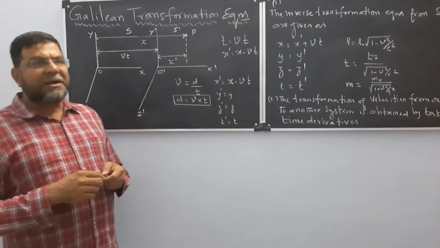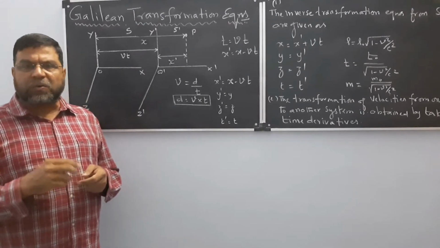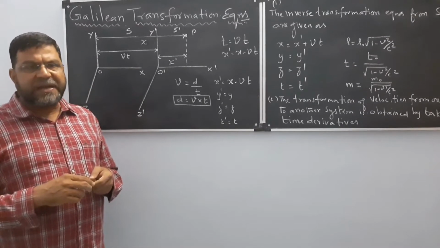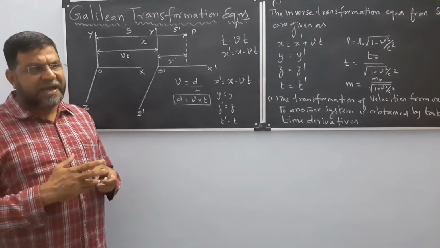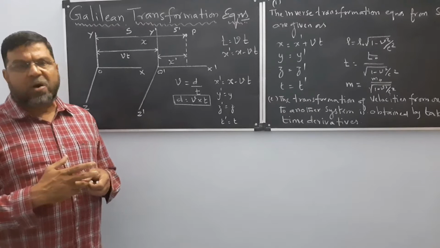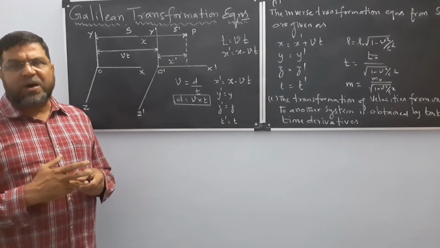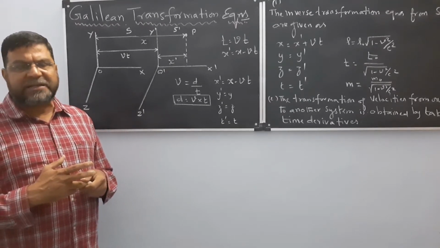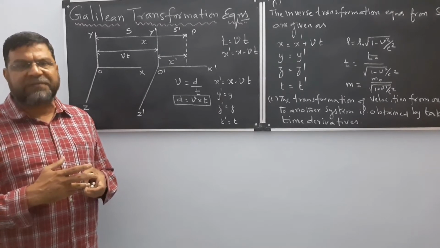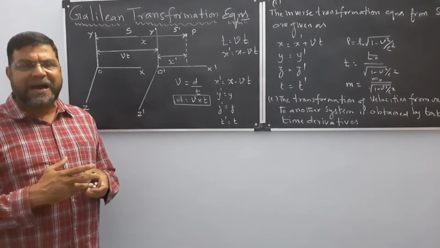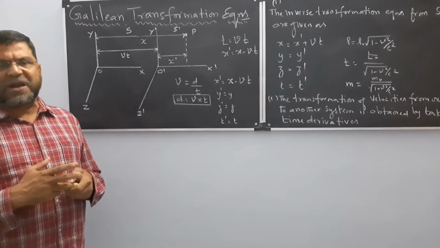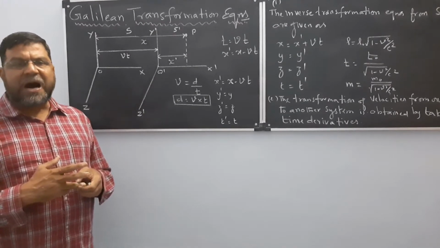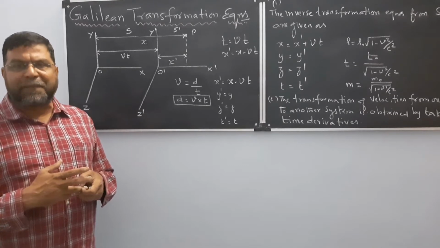I told you in coordinates there are two types of coordinates. Linear coordinates and polar coordinates. Linear coordinates are nothing but you express an equation in terms of x, y, z and t. Polar coordinates means expressing an equation in terms of r, theta and phi.